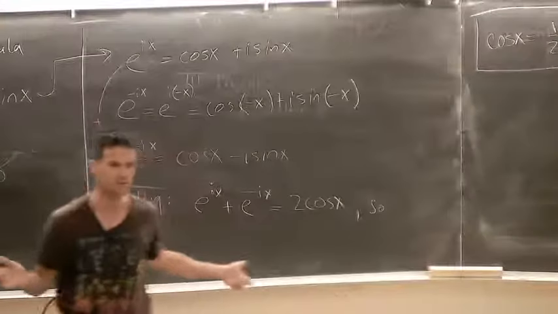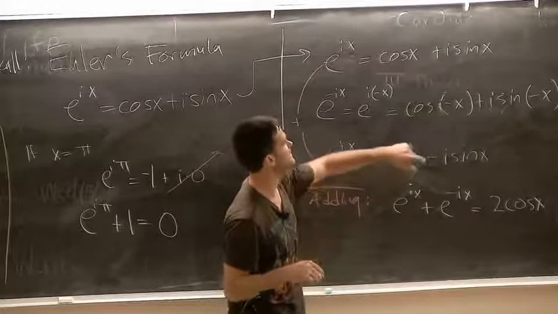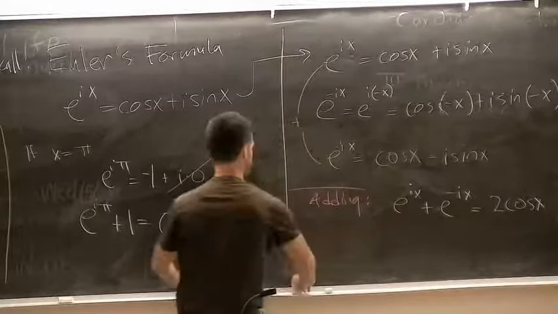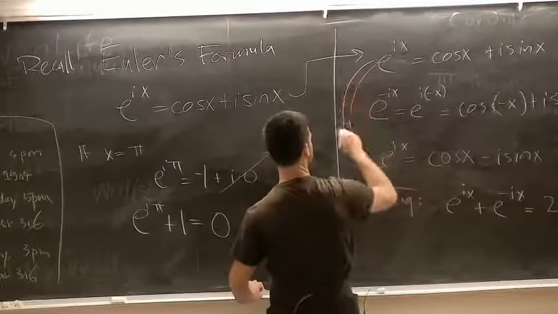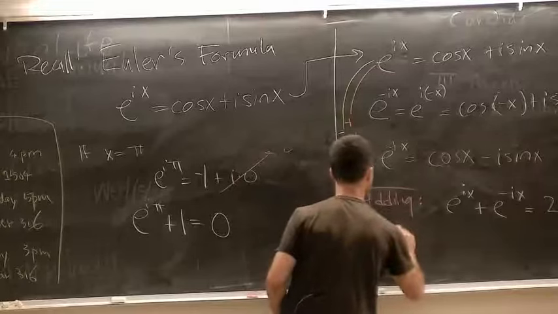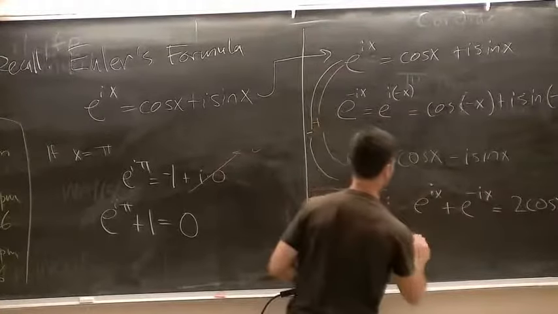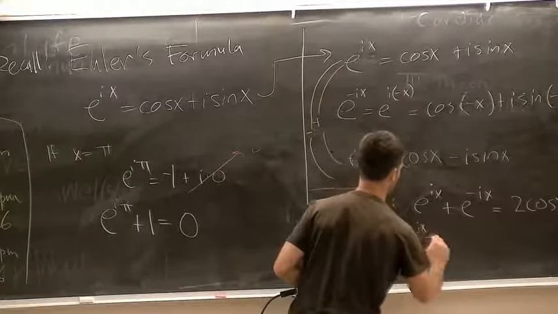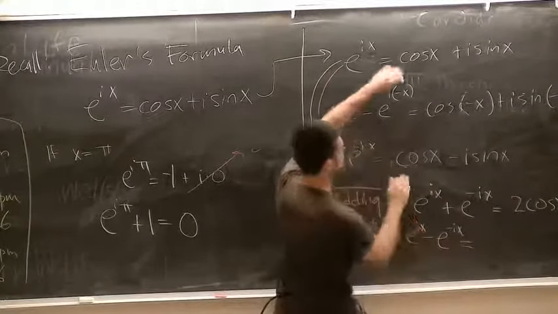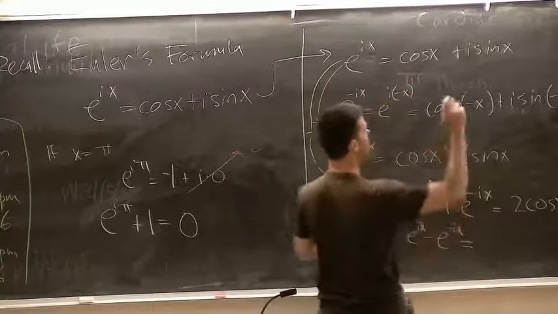And if I could do it for cosine, I could also do it for sine, except now I'll have to subtract. So if I do this minus this guy, that'll be e to the positive ix minus e to the negative ix. And now the cosines cancel out. Cos minus cos is gone.